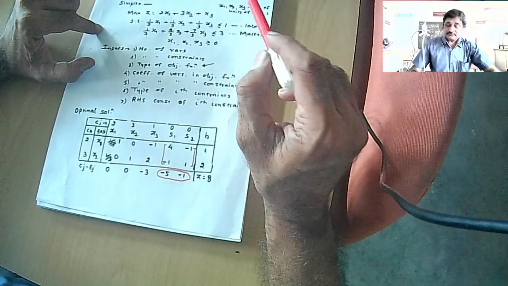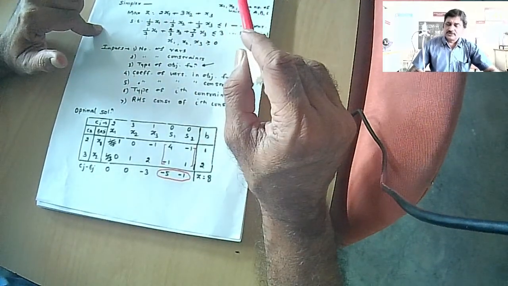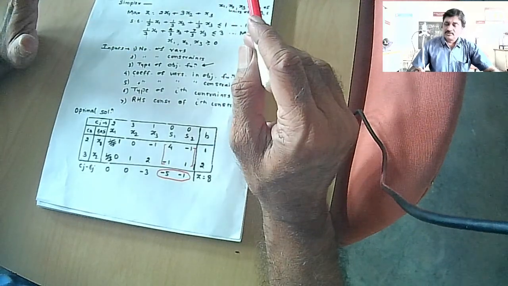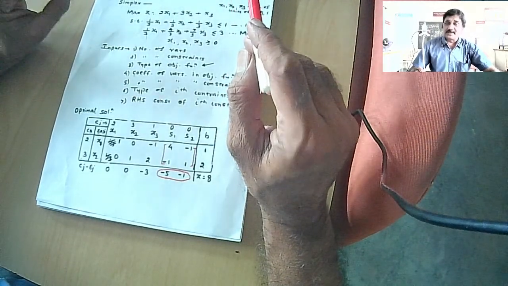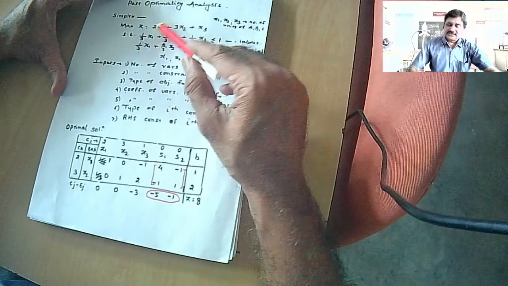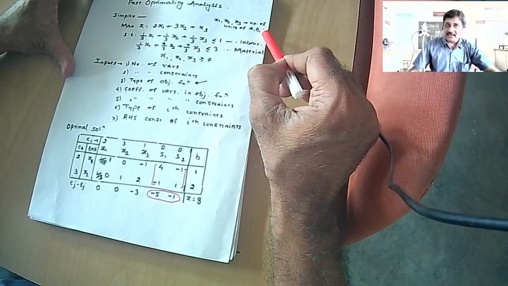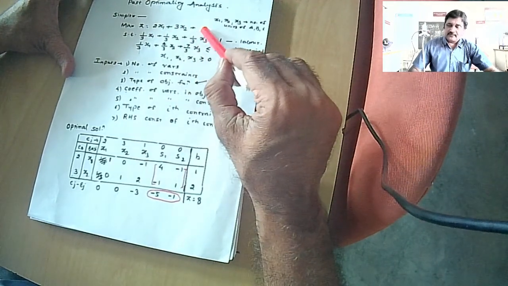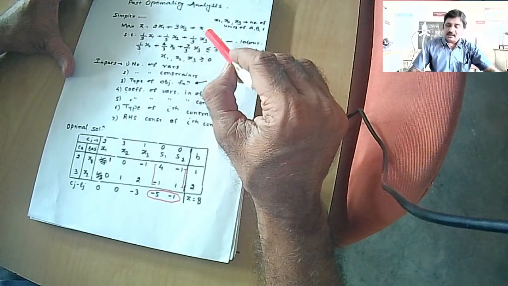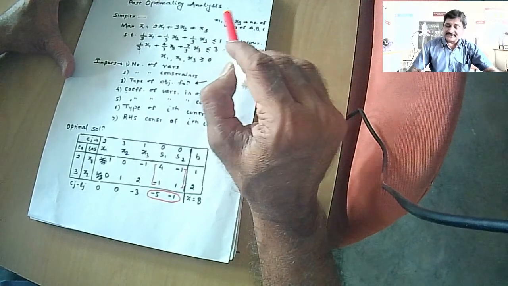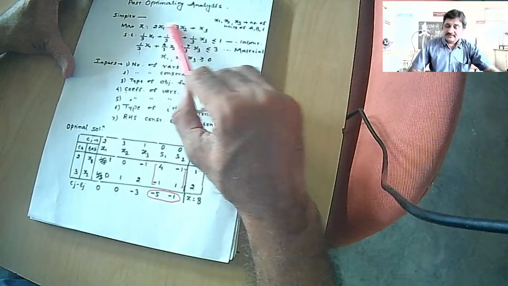So this problem is about manufacturing three products. It's a simple problem. X1, X2, X3 stand for the number of units of products A, B, and C. 2, 3, and 1 are the profit per unit of products A, B, and C. The first constraint deals with labor.